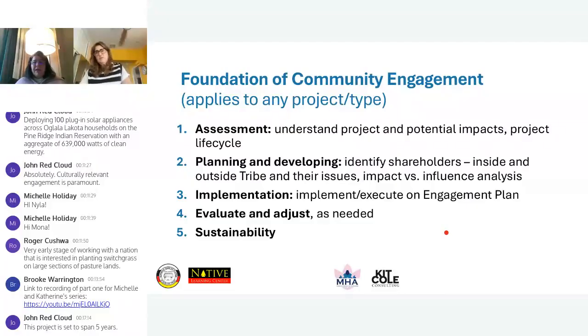So I think some of these fundamentals of where you're at early stage, doing that early homework is really important so that you can address and start to establish trust around the project and mitigate any potential risks that they see as harmful to the community, or find advocates that want that project, right? That's equally important as well.